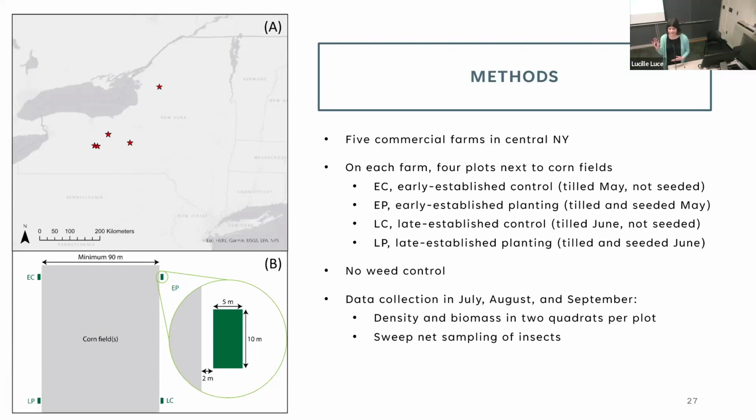So the May ones we called early, the June ones we called late. 1 of each set became a planting. It was seeded with a 22 species mixture of annual flowers, no grasses here. And the other was left alone as a control. So it was just populated with whatever weeds chose to come up from the seed bank.